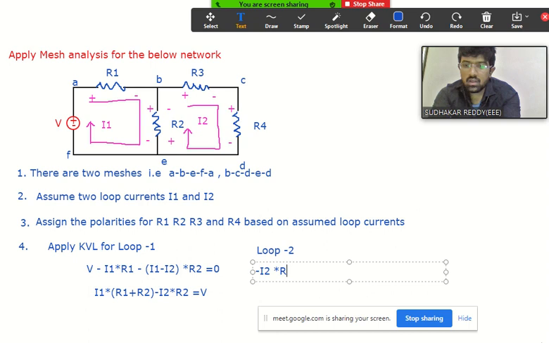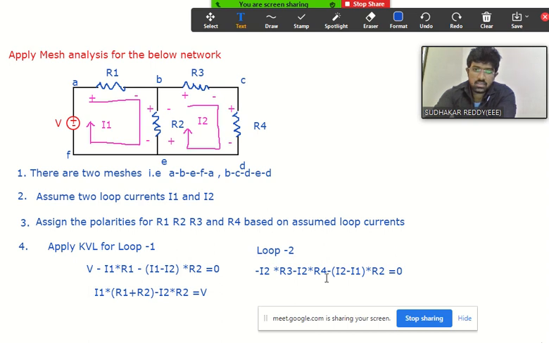I2 into R3. Minus I2 into R4. Minus I2 minus I1 into R2, equals 0.